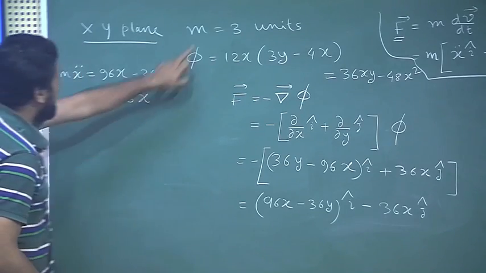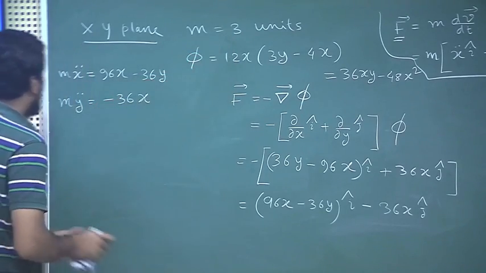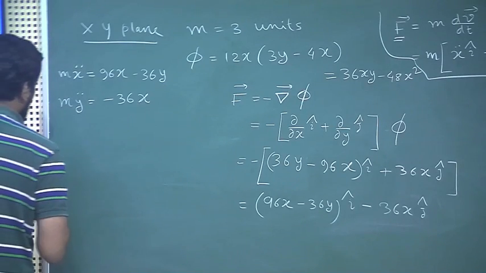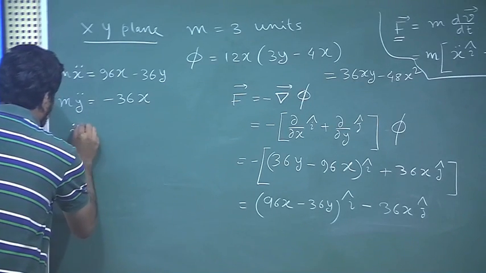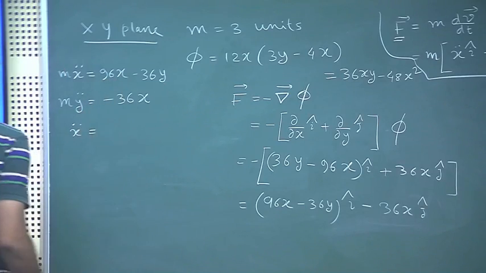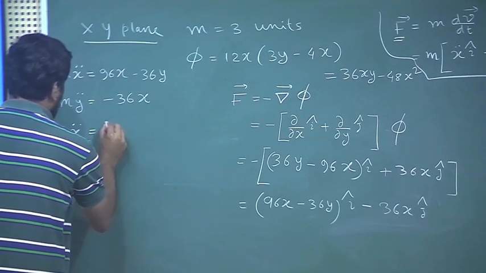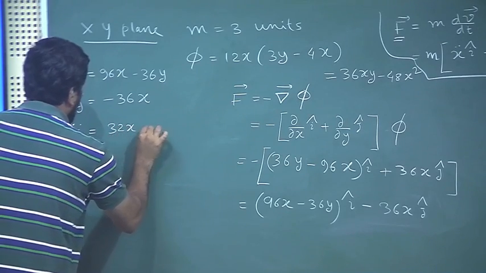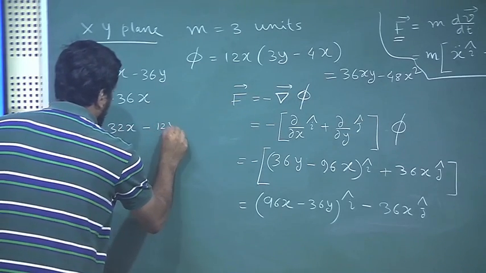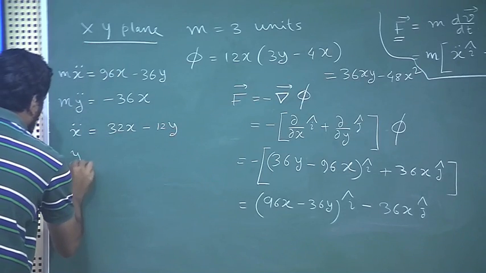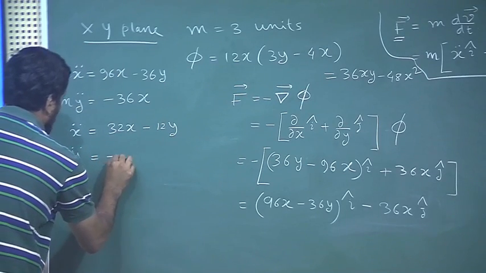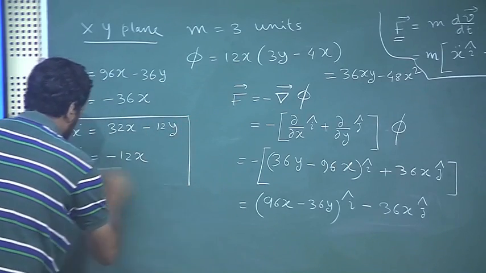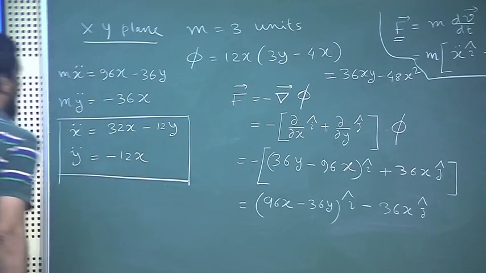Now, recall that m is equal to 3. So, we put that, and essentially we reduce these equations to x double dot is equal to 32x minus 12y, y double dot is equal to minus 12x. So, these are the sets of equations.